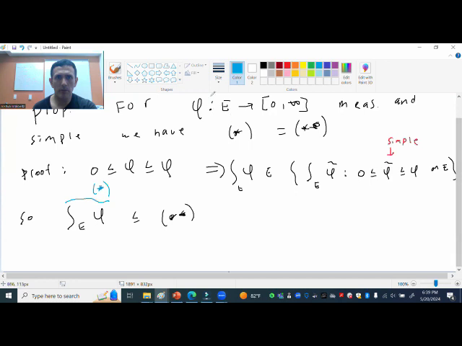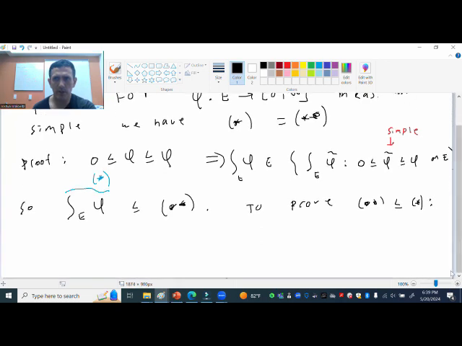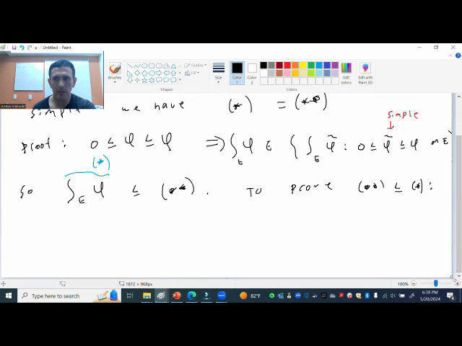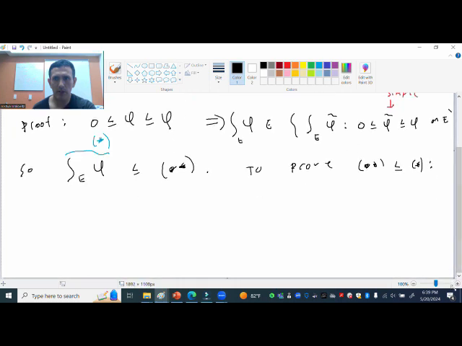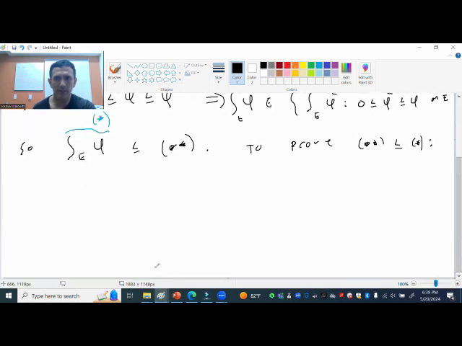Okay, so now all we have to do is prove the converse. And we're going to prove it looking at two different cases. That's going to be the easiest thing to do.